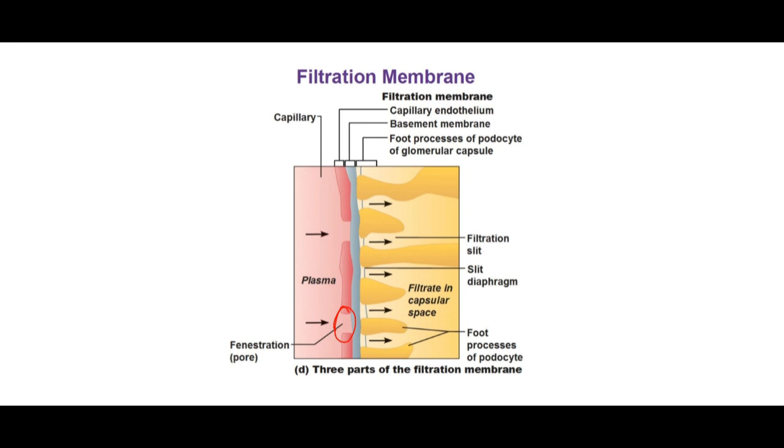Those fenestrations allow for fluid and solutes to pass into this gray region, which is your basement membrane, and that's here. Now, your basement membrane actually has 3 different parts, and I am not sure how well I will be able to write that on here, but I'm going to set this down and see if I can do a decent job.